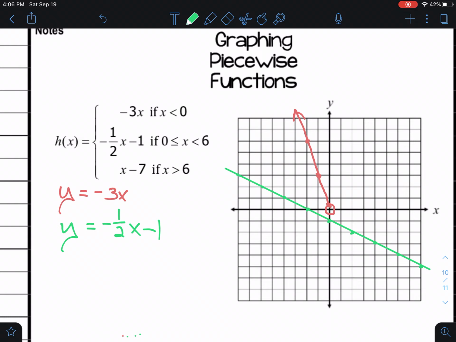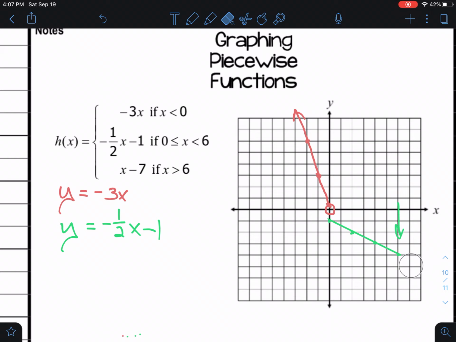And we're keeping everything from 0 to 6. Okay, so 0 is basically the y-axis, so I'm going to erase everything to the left of that up to 6. So 1, 2, 3, 4, 5, 6. Here's where x is 6, so I need to erase everything after that.